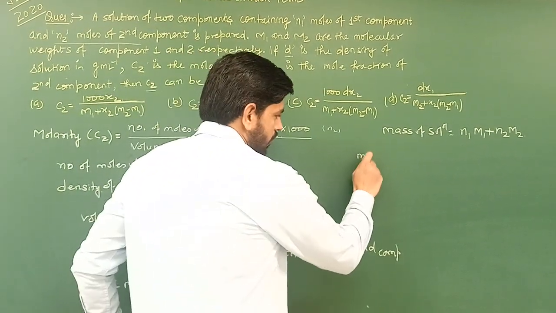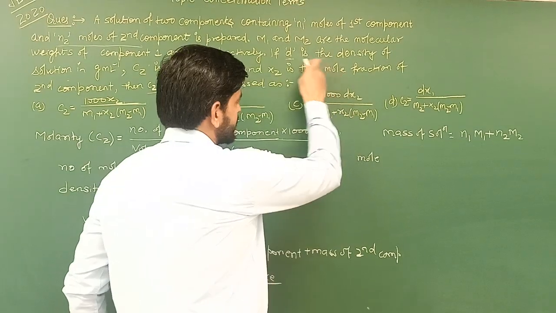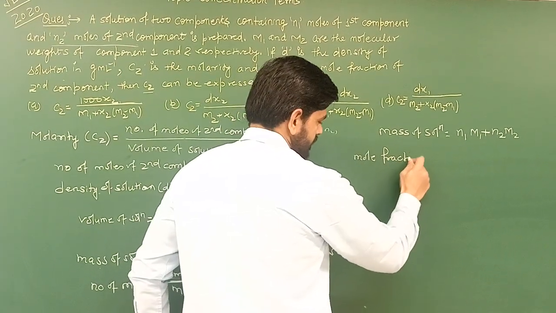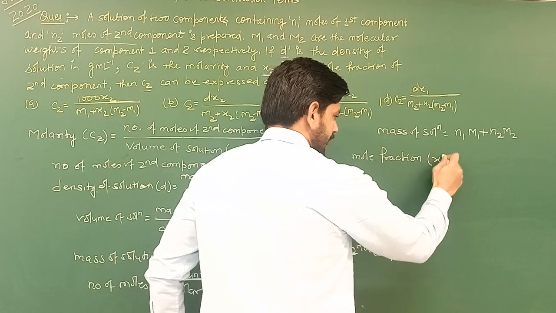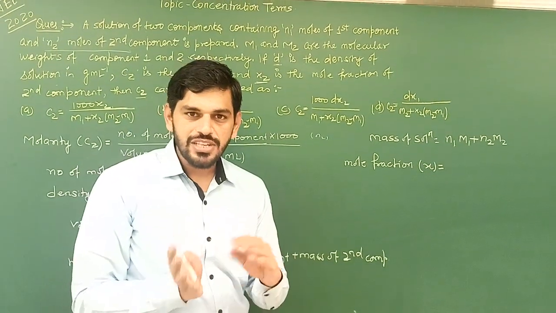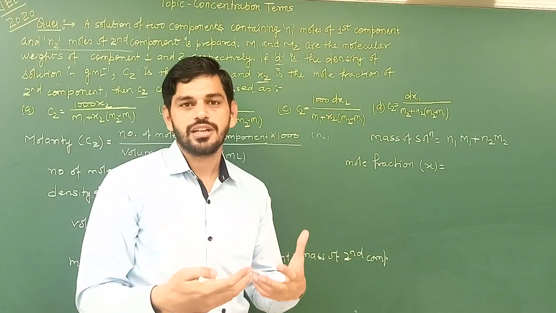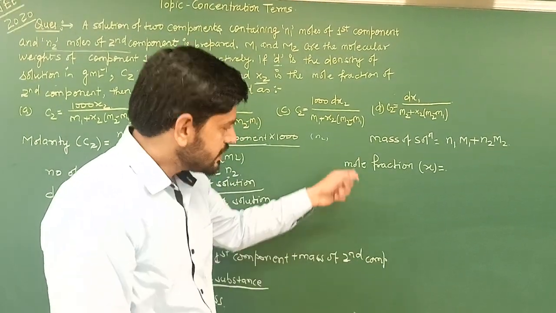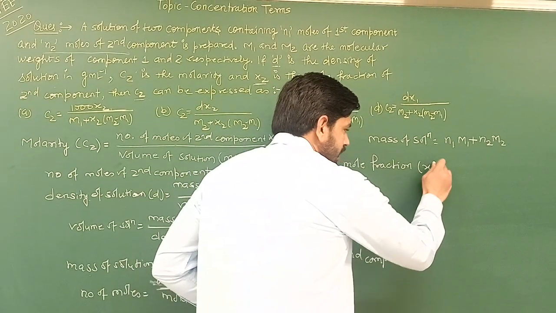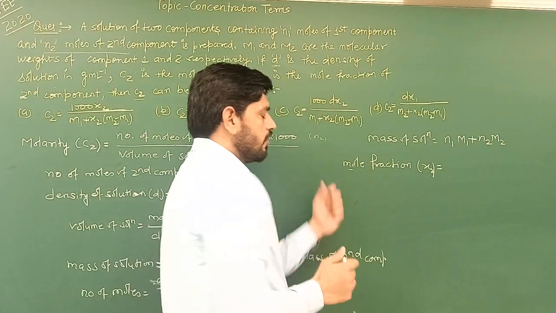From the definition of mole fraction, because mole fraction is given here. Mole fraction is represented by X, and this represents nothing but mole fraction. Fraction represents how much part of that component is present, and this is represented by the ratio. Therefore, mole fraction is the ratio of the moles of what?